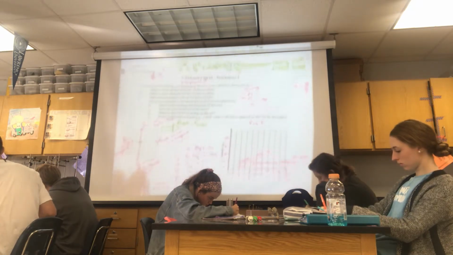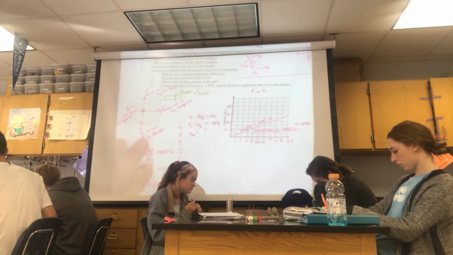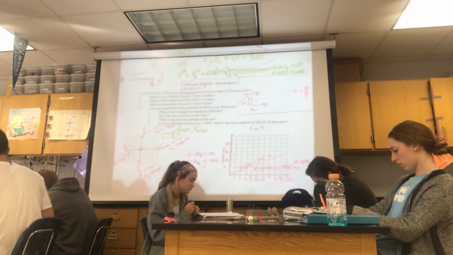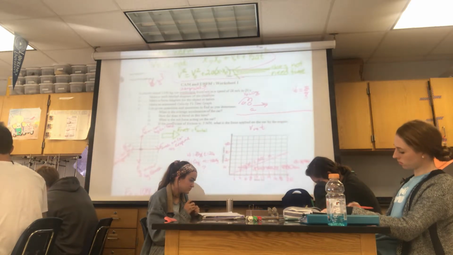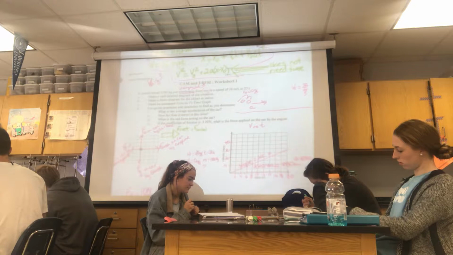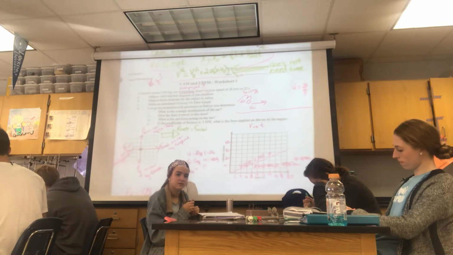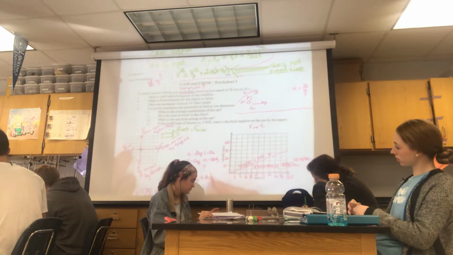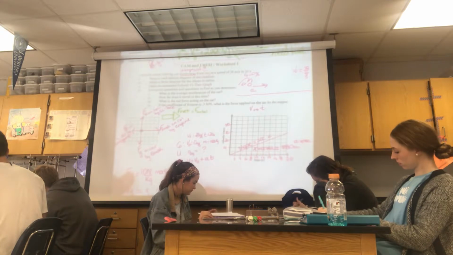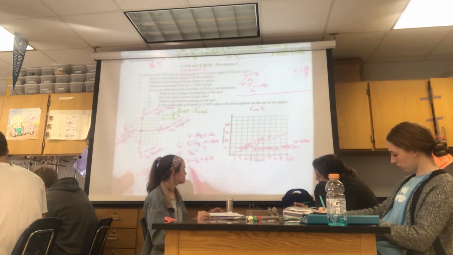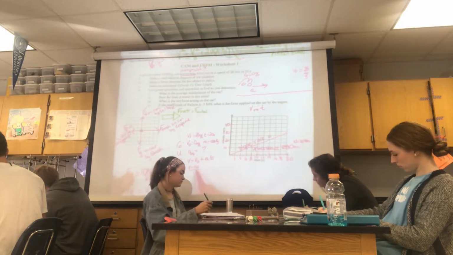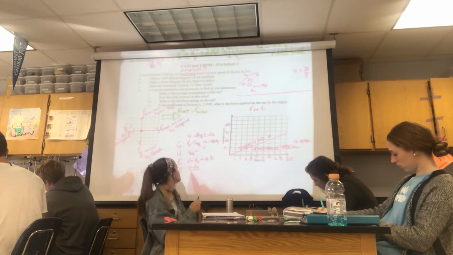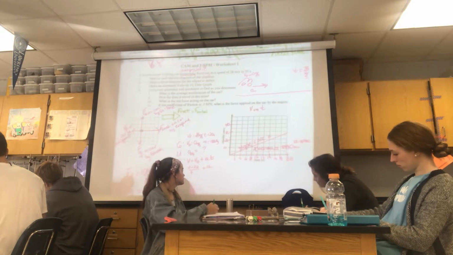So what equation do you think you would like to use to find this A? The simplest way to get it. What do you think? V equals V naught plus AT. So it says substitute and solve. So I'm going to move this around and say V minus V naught over T equals A. And then what can I plug in?